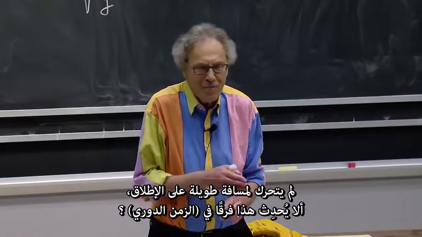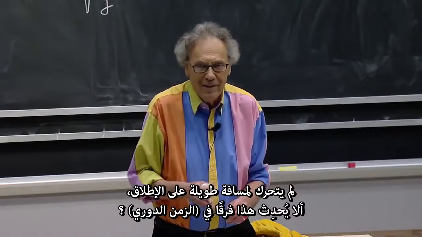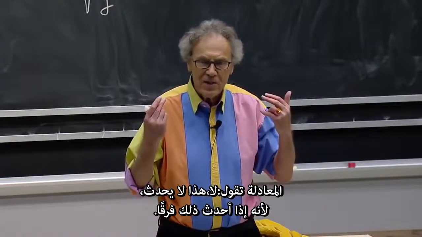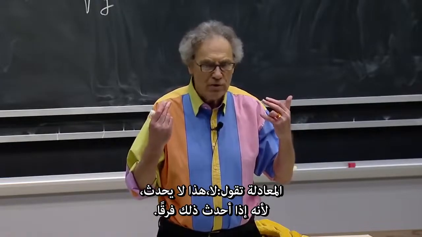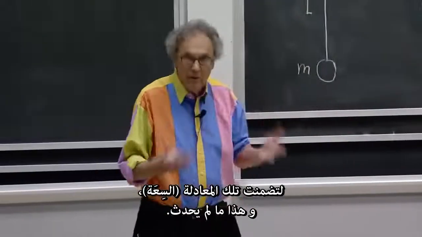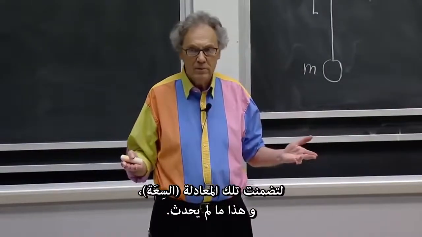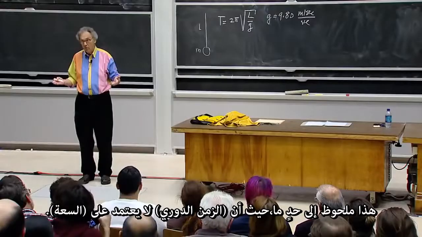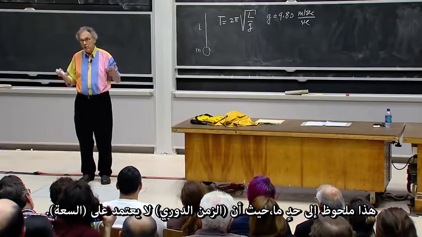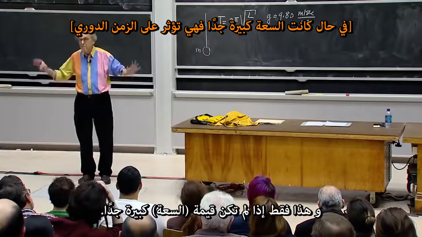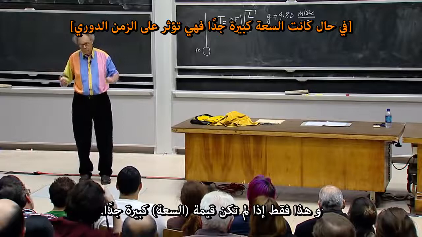It doesn't have to travel very much at all. Doesn't that make a difference in the period? The equation says no, it doesn't. Because if it did make a difference, the amplitude would be in that equation, which it is not. I'm going to demonstrate that to you, that it is quite remarkable that the period is independent of amplitude if you don't go to extreme values of the amplitude.